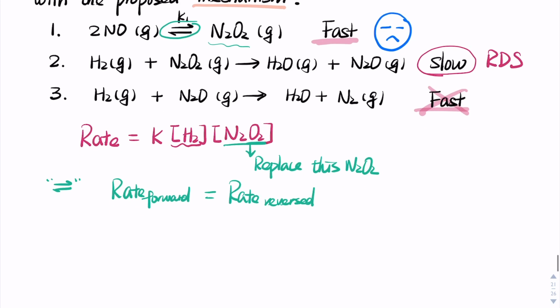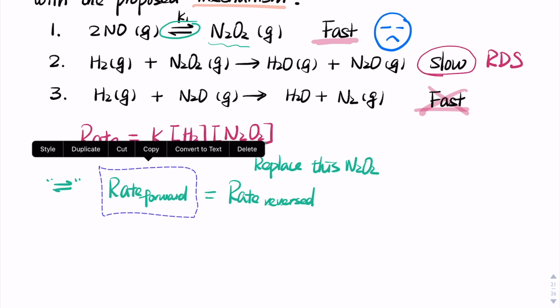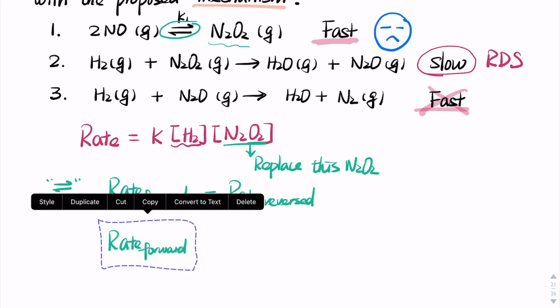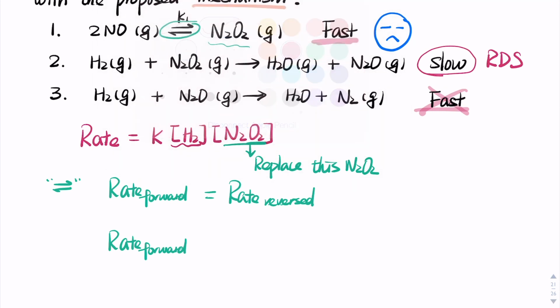So therefore, let's start to work on this. The rate of the forward reaction will equal what? K1 times NO squared.